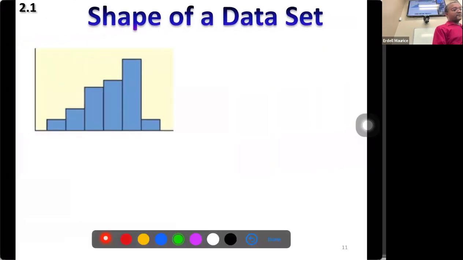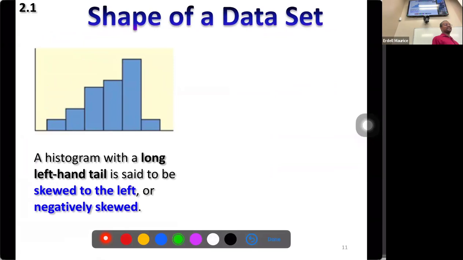Example right here is what's called a skewed data set. If I draw a line down the middle of this data set, this would be the left side and this would be the right side. When the tail of the data is on the left side, see the tail? The tail of the data on the left side is said to be negatively skewed or skewed to the left.